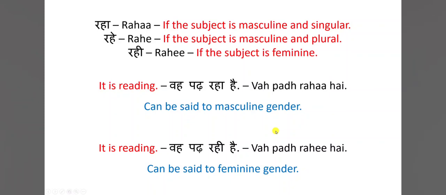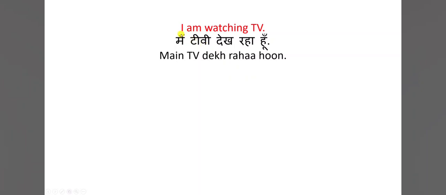Now, let us look at few example sentences. I am watching TV. मैं टीवी देख रहा हूँ. मैं टीवी देख रहा हूँ. मैं is I. हूँ is am.